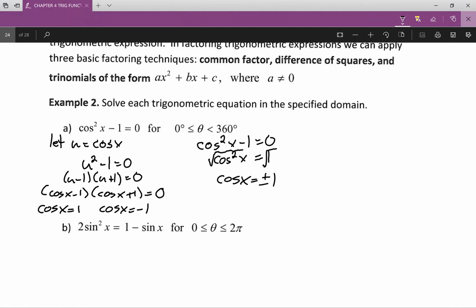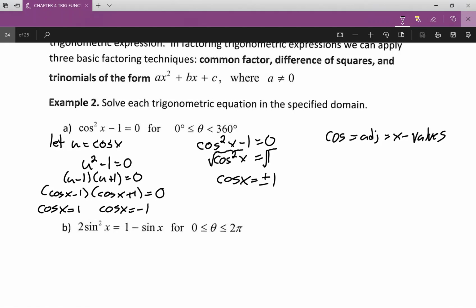Now, I have cos x equals 1, cos x equals negative 1. Well, what does this mean? We go to our unit circle, and we're going to look for the x values, because we remember the cos is adjacent, which is the x values.